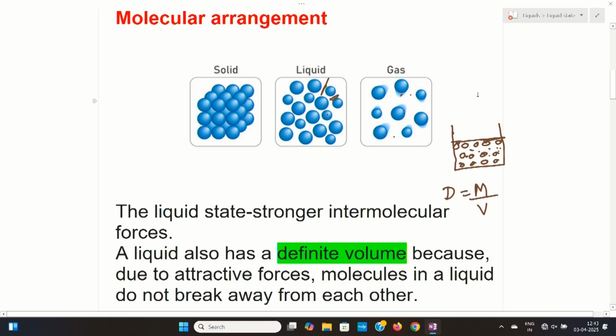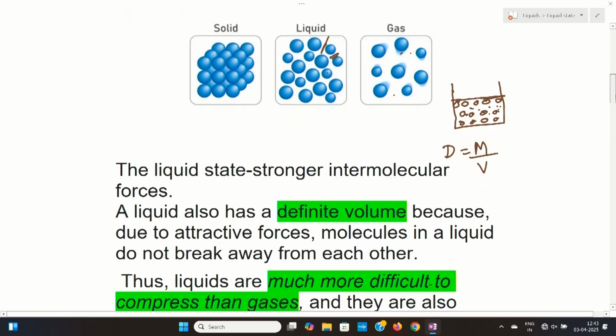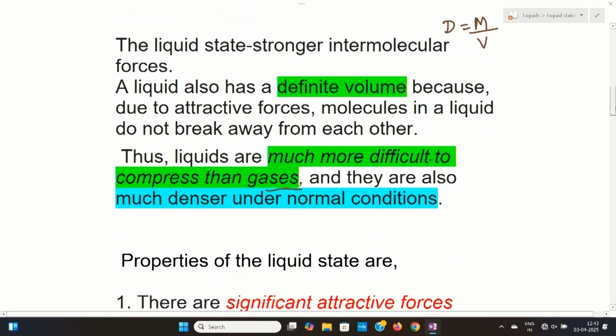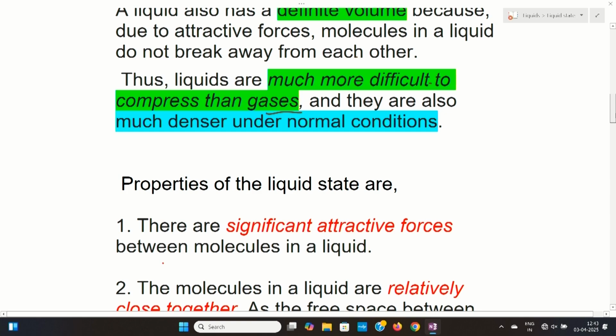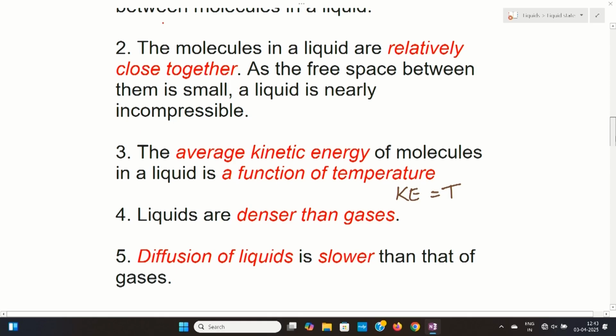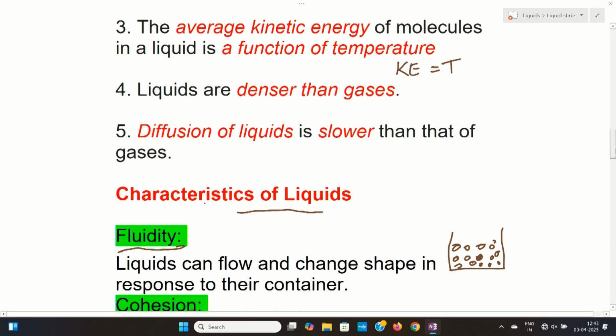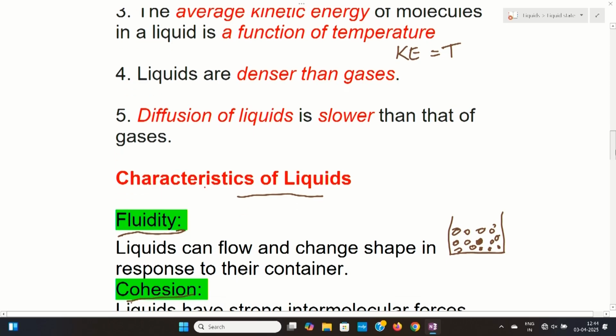Because of this molecular arrangement, liquids are more incompressible than gases and are denser under normal conditions. They can have different properties like viscosity, surface tension, cohesion, fluidity, and the special thing is that liquids take the shape of the container they occupy.